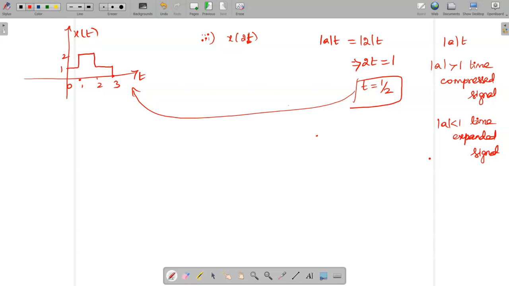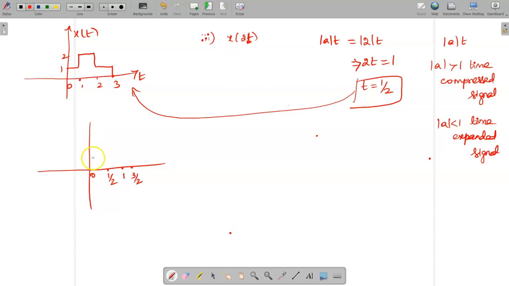So if it is a time scaling operation, whatever you have here, just take the modulus of that value, and then equate the value to 1, find out the t value, and multiply this value with each and every instance of t, so that you will get the signal. So what happens? 0 into 1 by 2 is 0, 1 into 1 by 2 is 1 by 2, 2 into 1 by 2 will become 1, 3 into 1 by 2 will become 3 by 2.